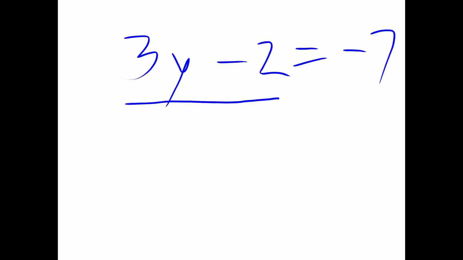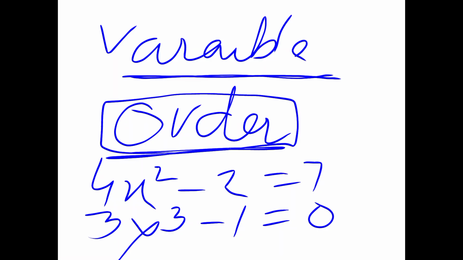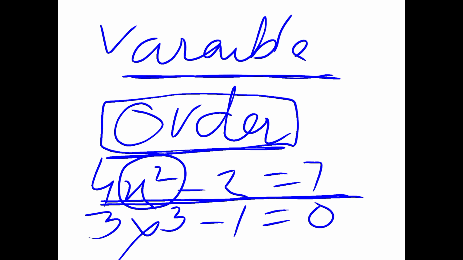Another equation: 3y minus 2 is equal to minus 7. Now three types of equations are there. First, 4x square minus 2 is equal to 7. Now try to identify the variable in this equation. The variable is x, and x is raised to the power 2 here, x square, right?